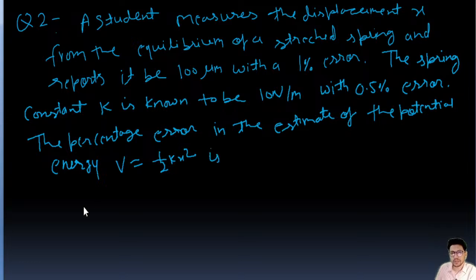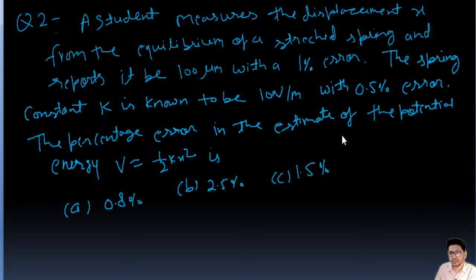Okay, options are given. Option A is 0.8%, option B is 2.5%, option C is 1.5%, and option D is 3.0%. Okay, so this is the question.